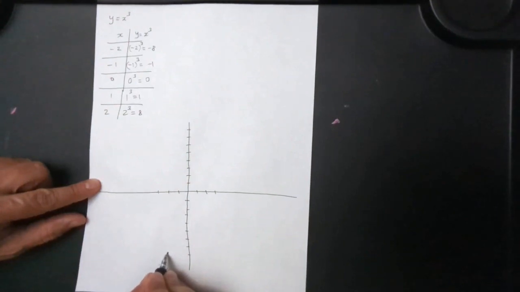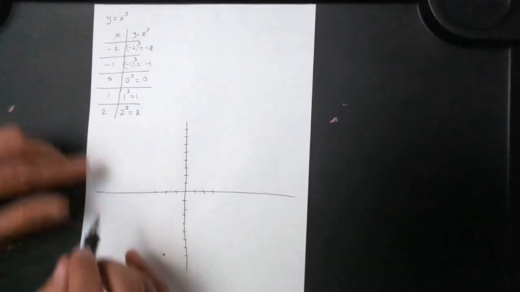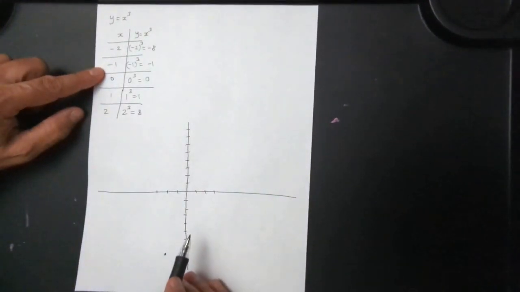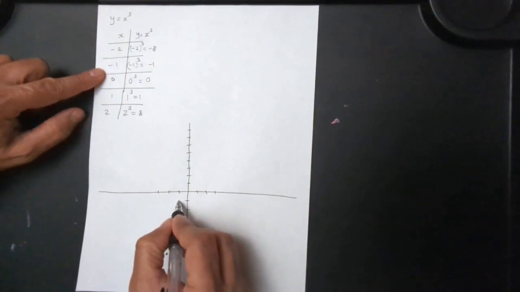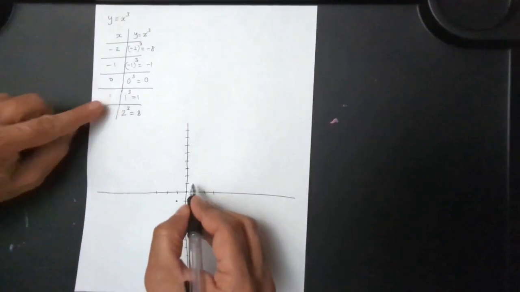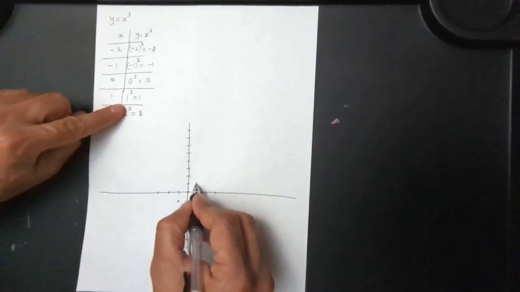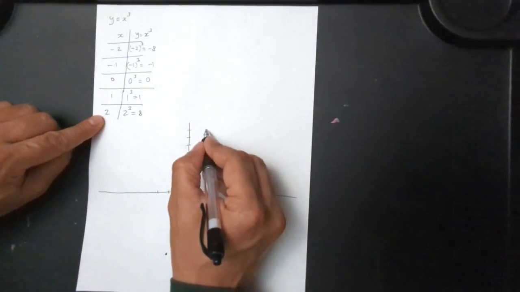So this point exists on the graph of this function. x equals -1, y equals -1. So -1, -1 is right here. 0, 0 is right here. 1 comma 1 is right here, and 2 comma 8 is right here.